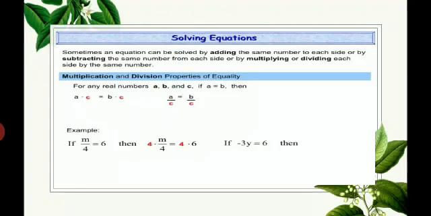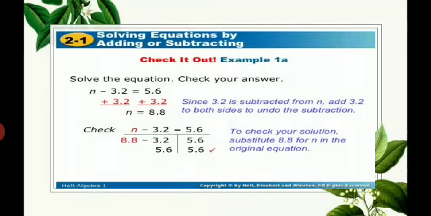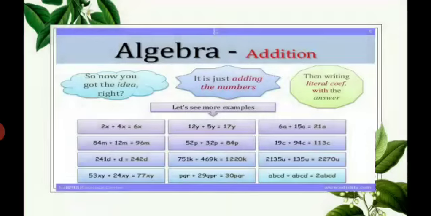Here it is dividing, and when it moves to the other side of the equal sign, it will be multiplied. So what is the answer? m is equal to 24. Now if there is an example with decimals, how can you find the answer? Like here, n minus 3.2 is equal to 5.6. Now 3.2 is minus here. You move it to the other side, where it will be added, and the answer will be 8.8.